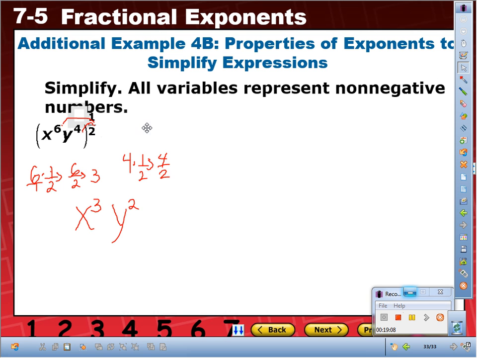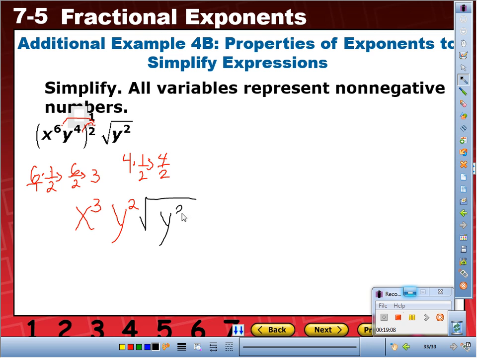But now let me move this piece out. I bring that one down. There you go. Square root of y squared. What did we just find out about this exponent and the index? What is the index out here? Does it have one? But it's a what? 2. So what do we know about these two?